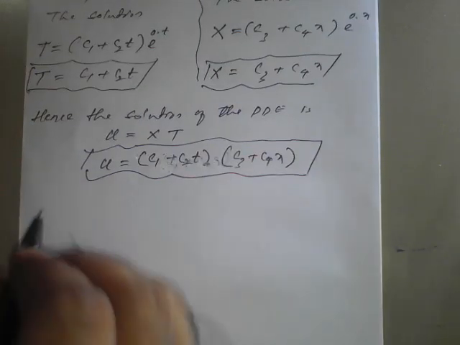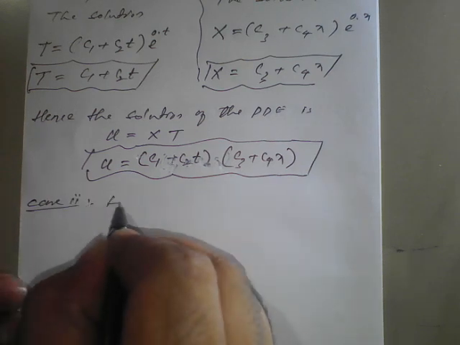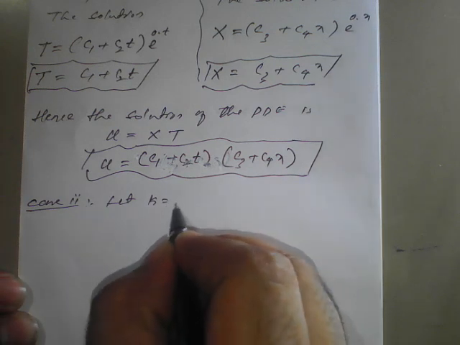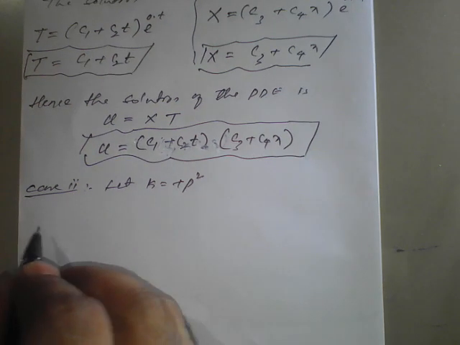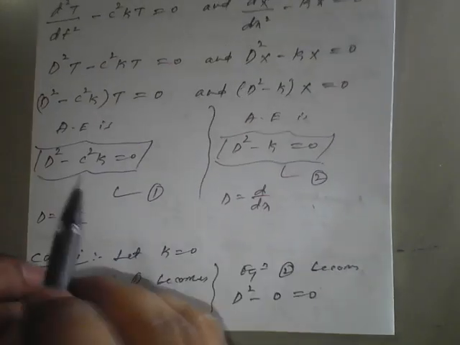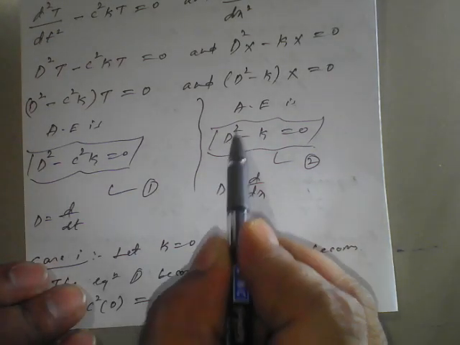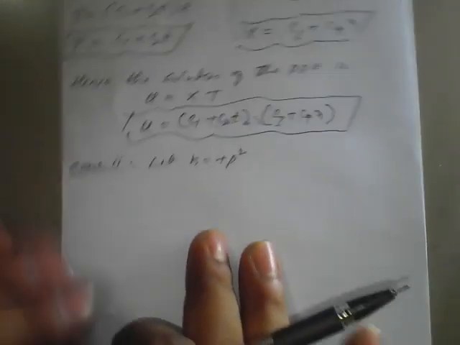Now case number 2. Case 2 is let k is equal to plus p square. So this value we need to apply in equation number 1. So what is equation number 1? It is D square minus c square k, and equation number 2 is D square minus k. We need to apply here the value of k as plus p square.